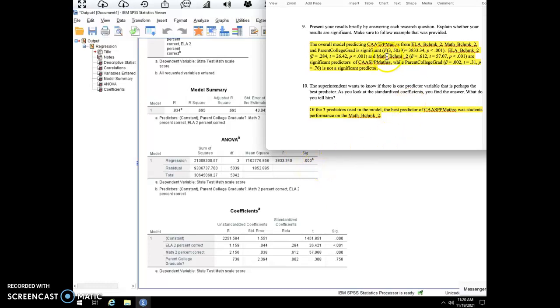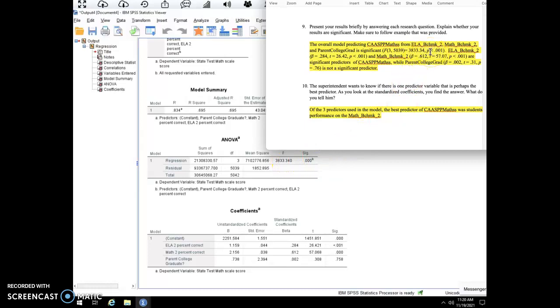So we're going to write our results in this format, parentheses, and F because this is the F test, another parentheses, and here we're going to list the degrees of freedom found in the ANOVA table. The regression degrees of freedom, which is 3, comma, the residual degrees of freedom, end parentheses, equals, and then here we write the F value, which can be found here, comma, and the p-value.